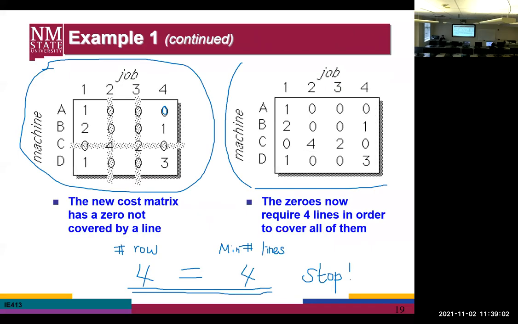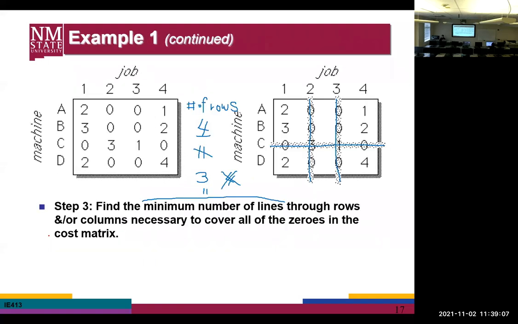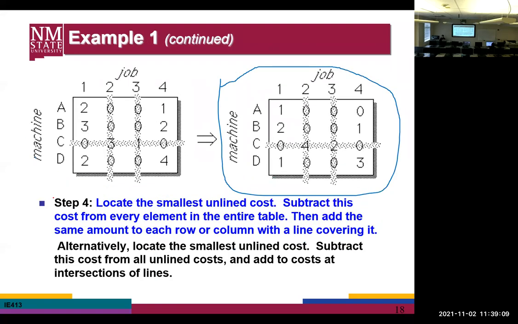Which is step number 4. Just like we did earlier, it's up to you. You can go the first way or the second, but let me go with the second one. What you're going to do is locate the smallest unaligned cost, subtract it from every unaligned cost, and then add it to the intersection of the lines.